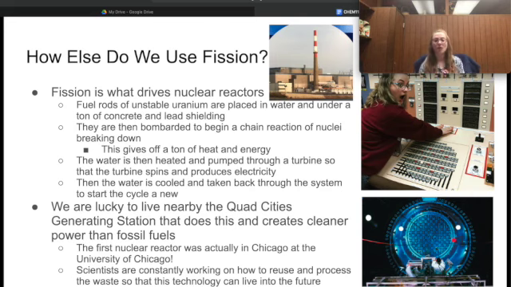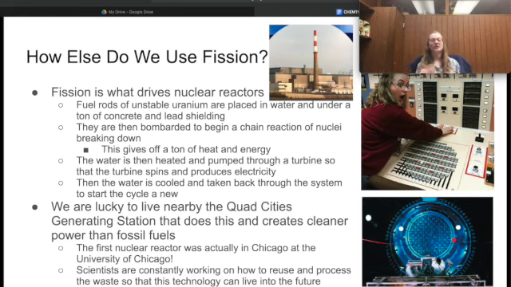Once we set the fuel rods into the reactor, they are bombarded with neutrons to create a chain reaction of nuclei breaking down. This gives off a ton of heat and energy. The water helps do some of the shielding as well. It's actually the water and the concrete that help a lot with the radioactive shielding.